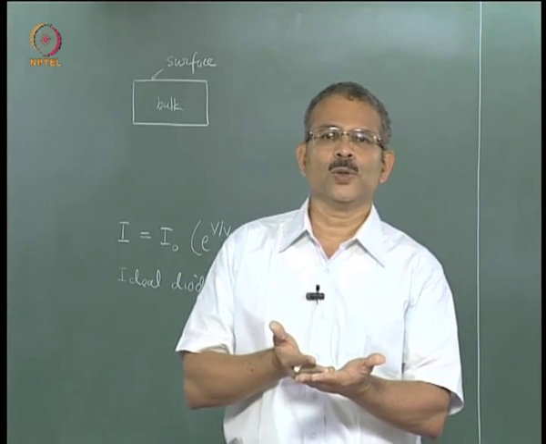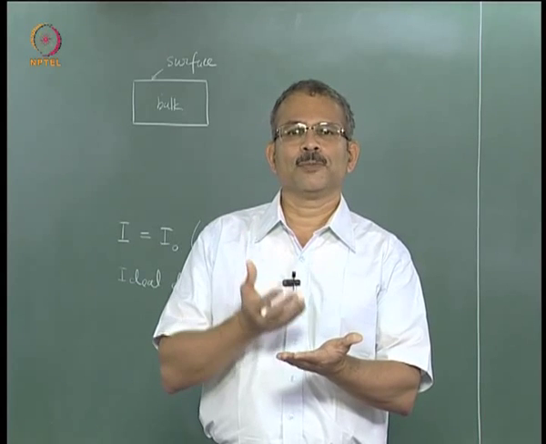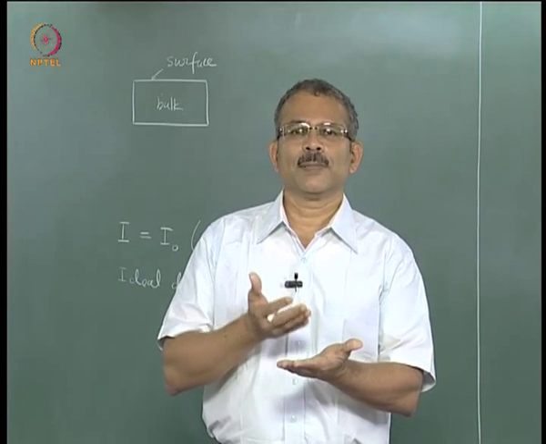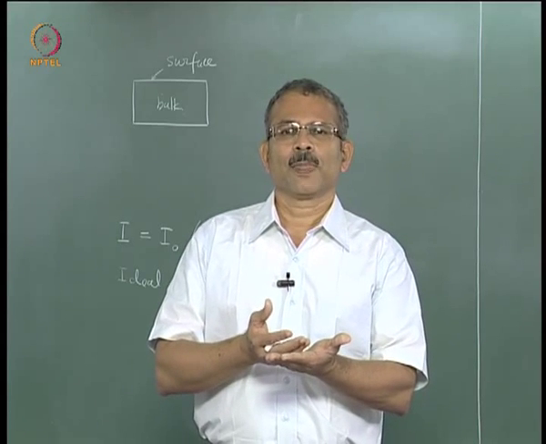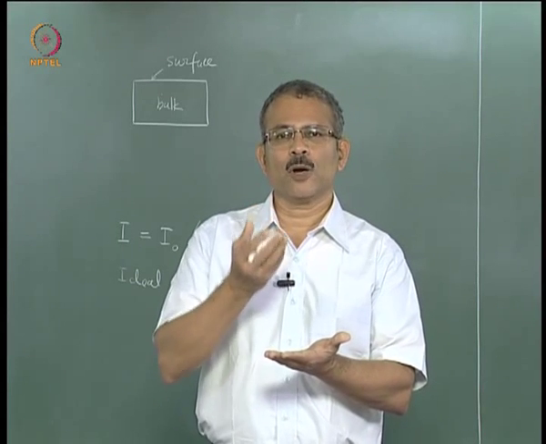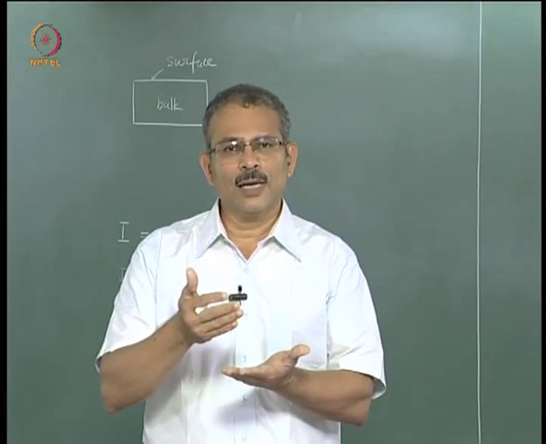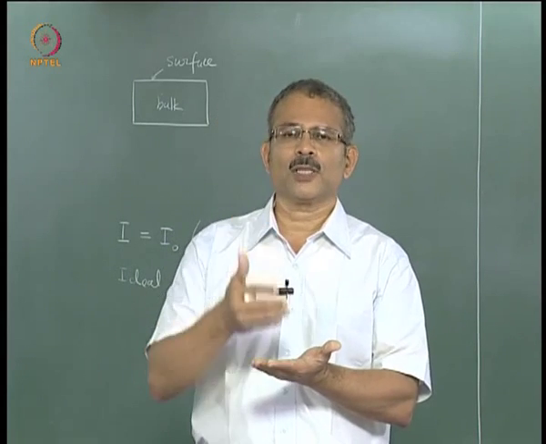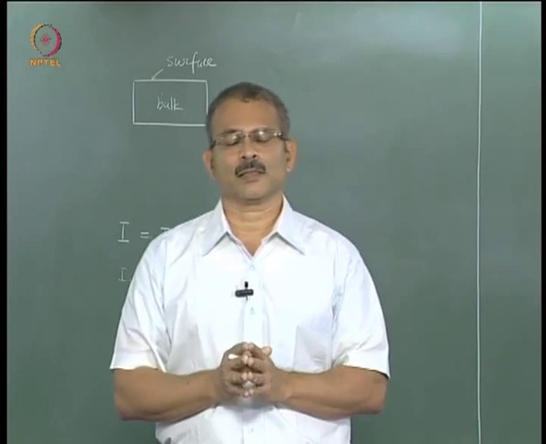If it is visible to you, that means light is falling on it, part of the light is being absorbed by the semiconductor, but the semiconductor is not emitting light. So here is an example where the semiconductor is absorbing light but not emitting light. So for every process there is not an inverse process. For this process of light absorption there is no inverse process, so it is not the equilibrium state for the semiconductor.